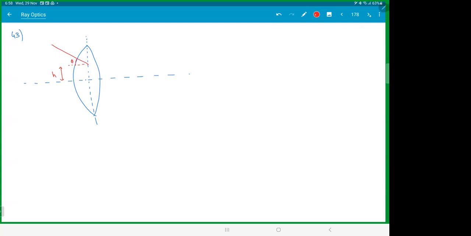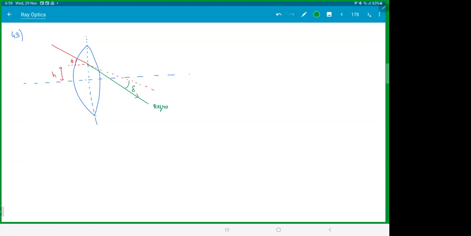This light ray won't go in a straight line, remember? The light ray through the optical center will go in a straight line. This will bend like this. This angle is your deviation.